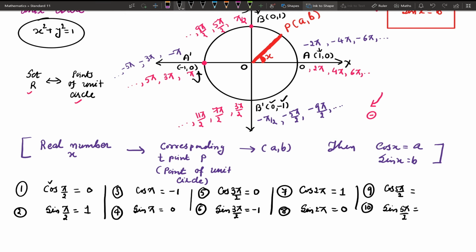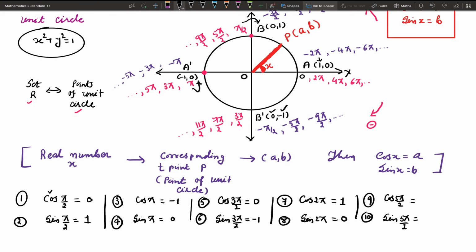If you observe the unit circle, 5 pi by 2 corresponds to point B. For cos we have to check the x coordinate of B, it is 0, so cos 5 pi by 2 is 0. Sin 5 pi by 2 will be 1, because the real number 5 pi by 2 corresponds to point B, whose coordinates are (0, 1). For sin we have to observe the y coordinate, so sin 5 pi by 2 equals 1.